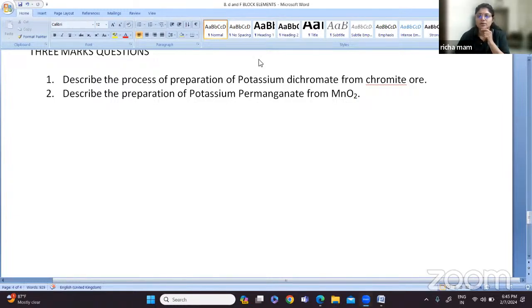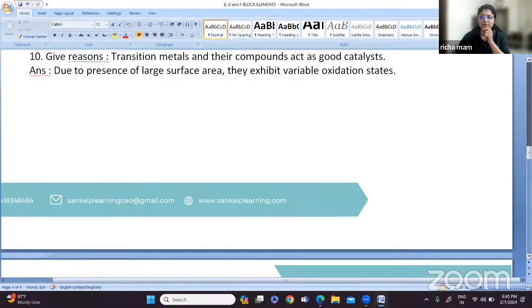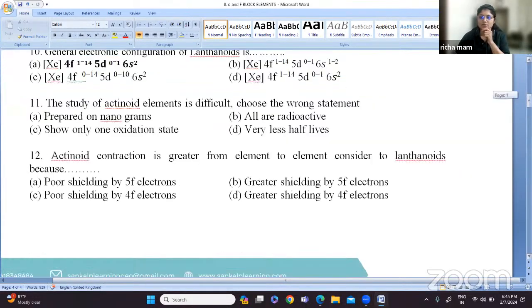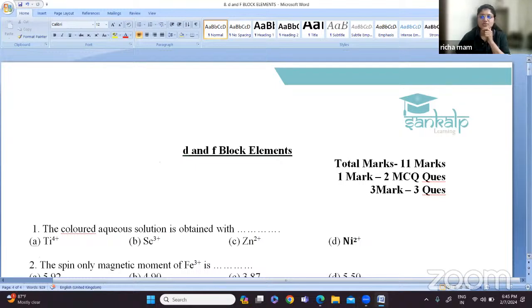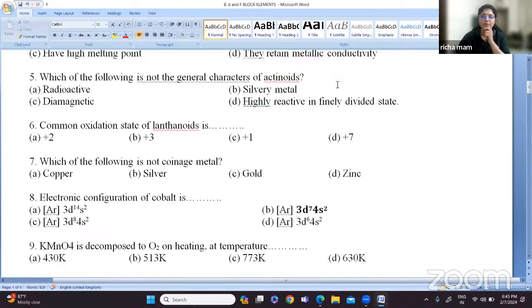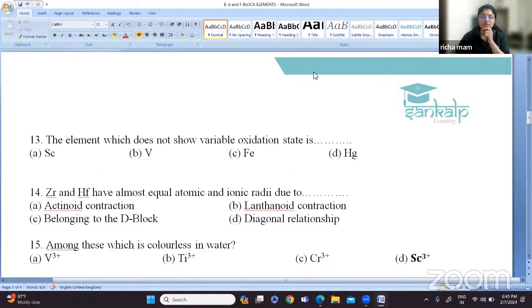So we have completed the chapter D and F block elements. This chapter will fetch you 11 marks. I've told you which are the important questions and important things, so please stress on those questions and points, and how to write. For each point you'll get 1 mark.